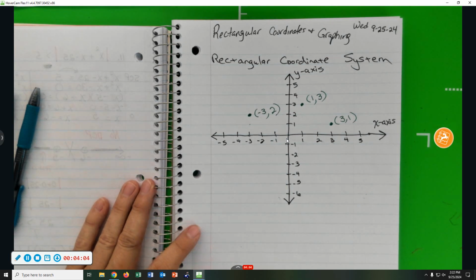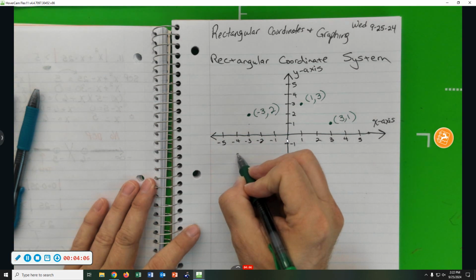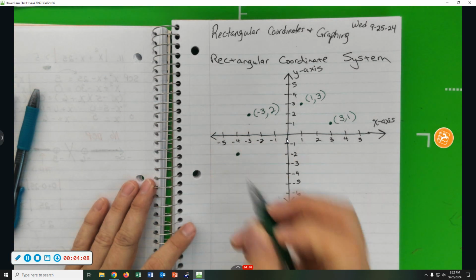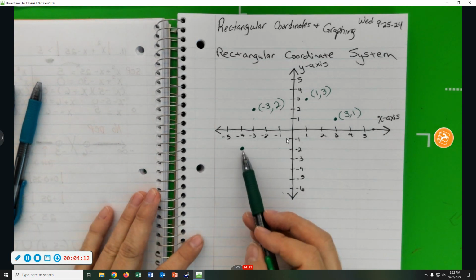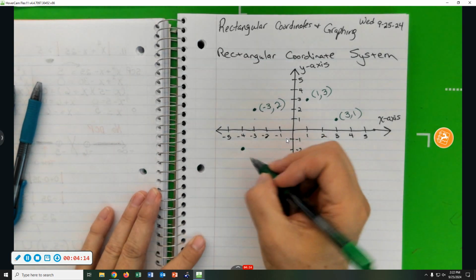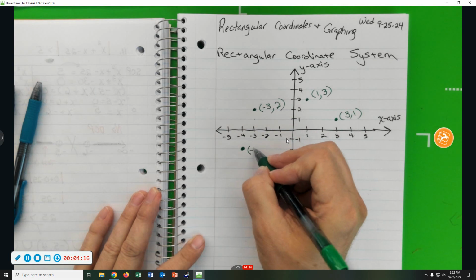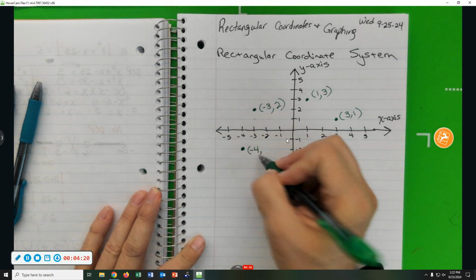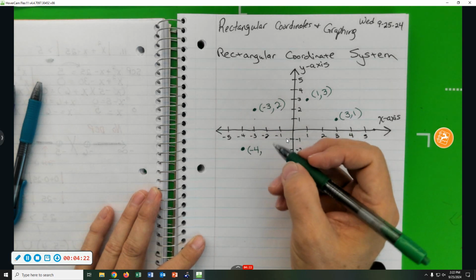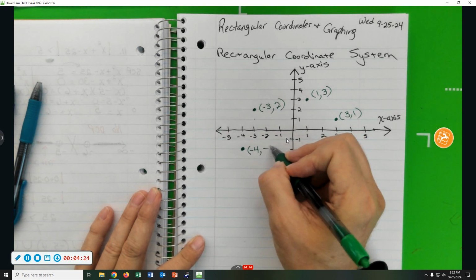Let me have you tell me the coordinates for this point right there. What would the coordinates be for this ordered pair? Okay, so the x coordinate is negative 4, I agree. And the y coordinate is? Negative 2, I agree with that also.